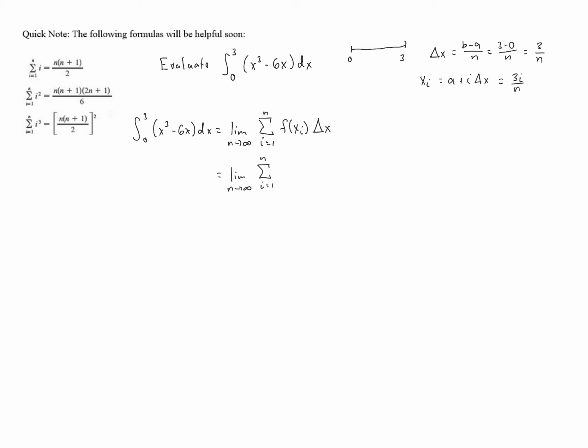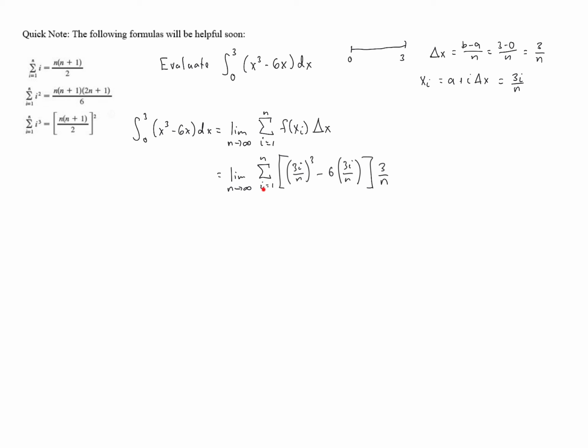So this is going to end up being, I'm going to put it in brackets just so that everything looks nice, x sub i cubed, so that's (3i over n) quantity cubed, minus 6 times x sub i, so it'll be 6 times 3i over n. And then our delta x we saw was 3 over n up here. So I'm just plugging in for delta x, x sub i, and our function. And then we have something that's only in terms of i and n.